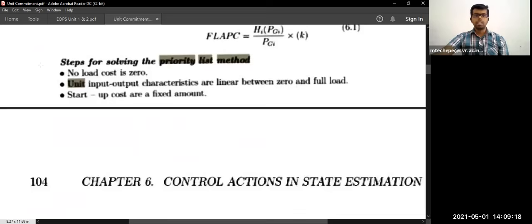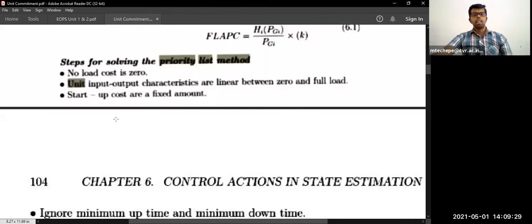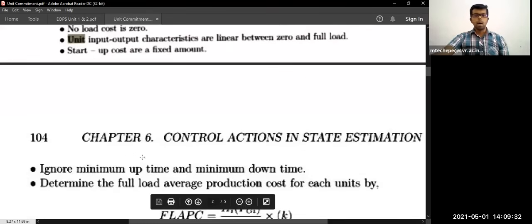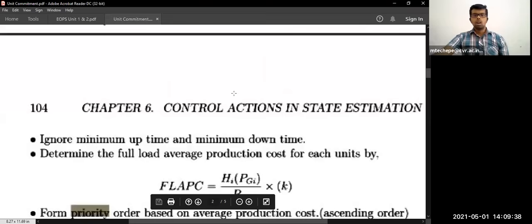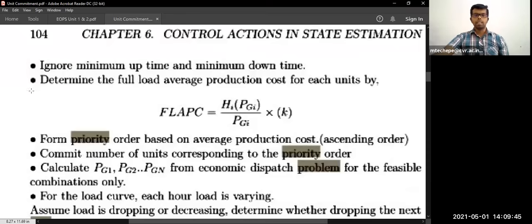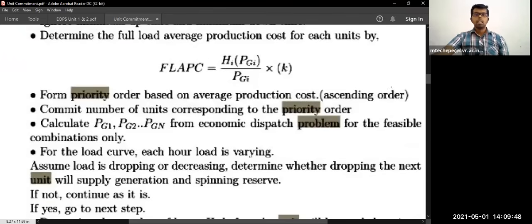We have already seen the assumptions: no load cost is zero, unit input-output characteristics are linear between zero and full load, startup costs are of fixed amount, and ignore the minimum uptime and minimum downtime constraints. After writing the assumptions, we write the steps involved.